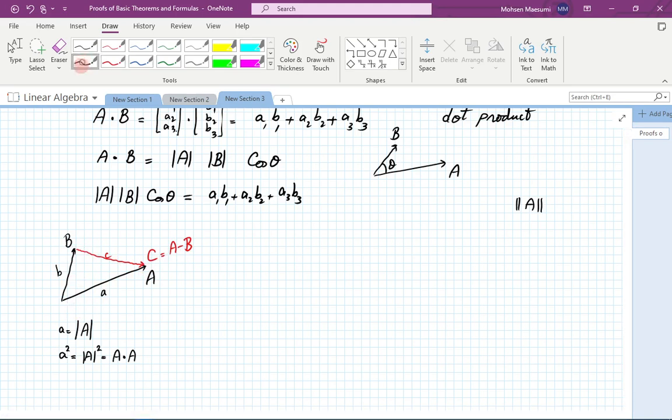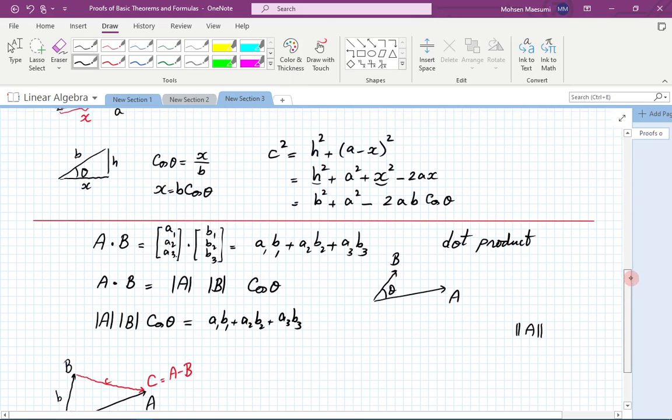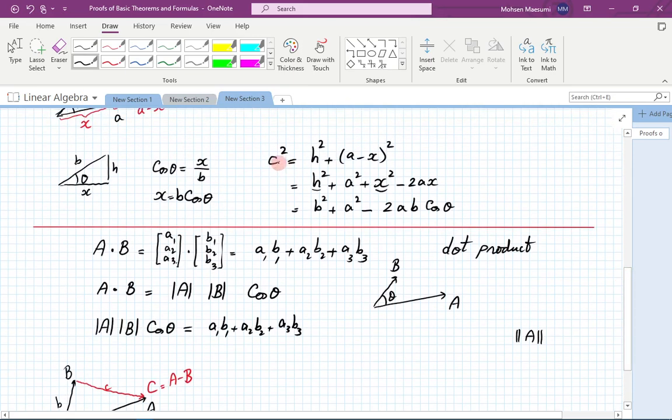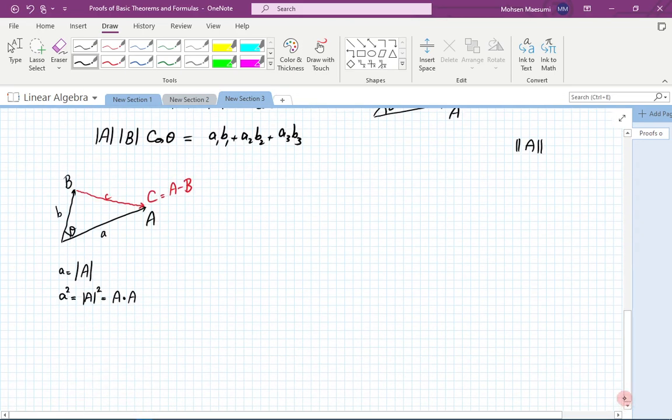Now let's go ahead and call that angle theta, just so that it matches everything we had over there before. So in the law of cosines, we calculated little c squared. So here we are going to start with the same thing.